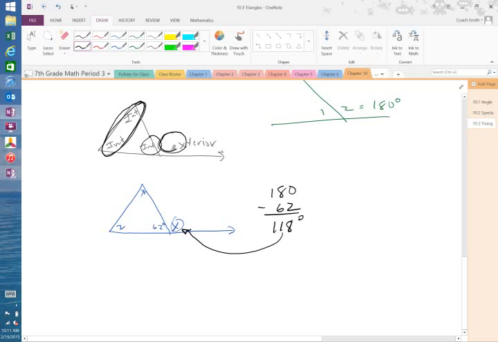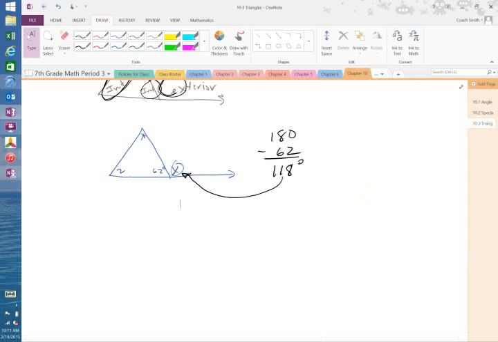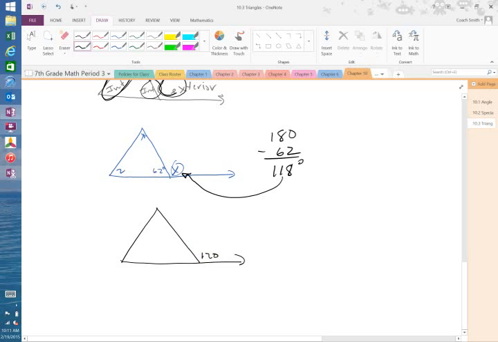So the same can be true for the other one. If I have a triangle that looks like this, same triangle, but I tell you that the angle out here is 120 degrees, what does x have to be in this case? 60, because they both have to equal 180. So x plus 120 has to equal 180.